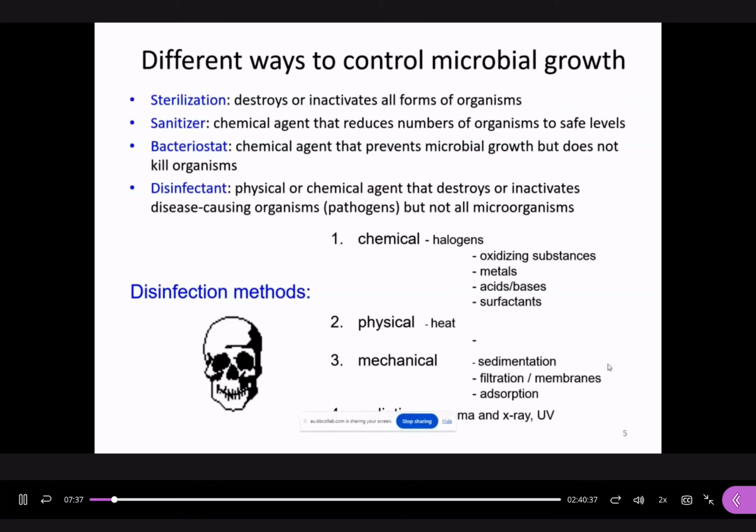Here we're talking about control of microbial growth. There are a number of ways. What can you think of? Why do we drink hot water? What are the methods to inactivate microorganisms? Heating. How can you kill bacteria?